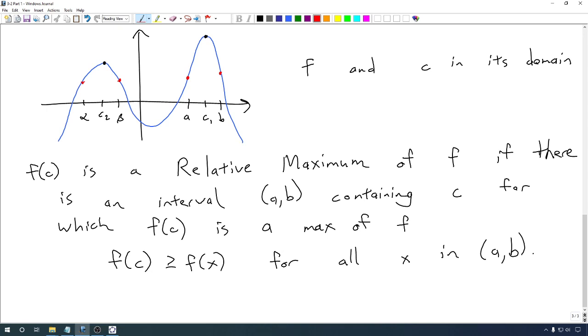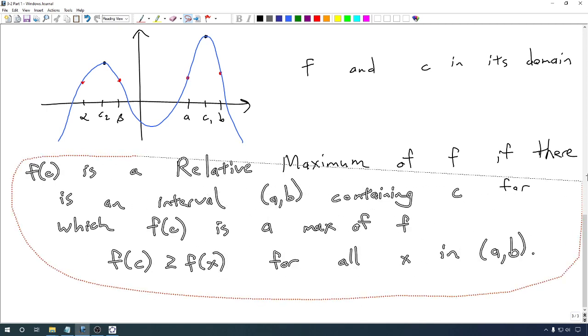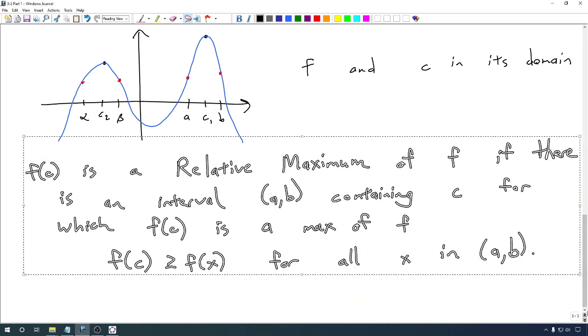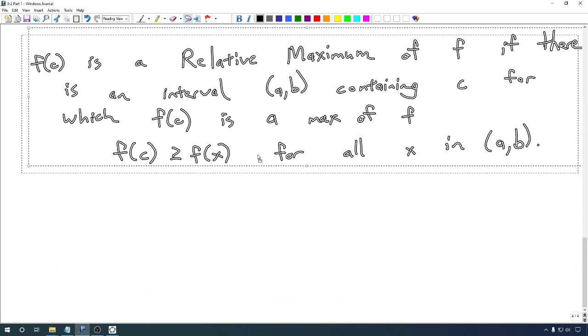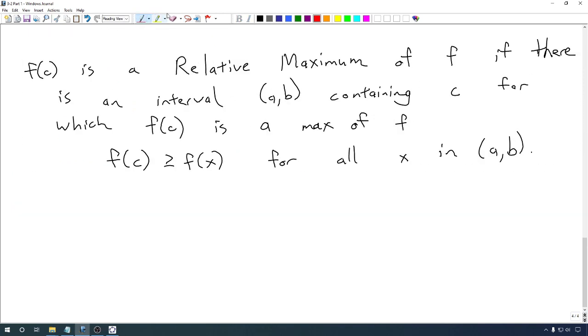Of course, we can also look at relative minimums. It's basically exactly the same thing. In fact, I'm going to go ahead and copy this like before. So I have to move on to another page to have enough room. So relative minimum.